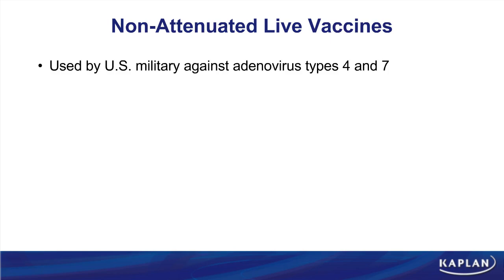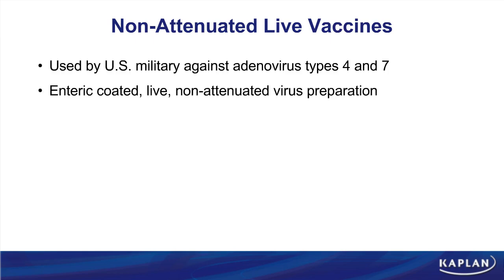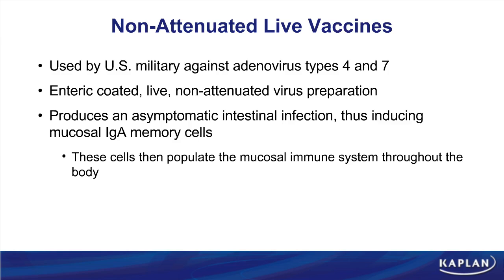So they developed this vaccine that is given in an enteric-coated capsule, okay? And this capsule then releases the virus in the gut when it dissolves and produces essentially an asymptomatic infection that gives us a really good IgA response.